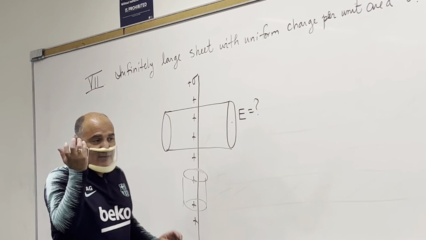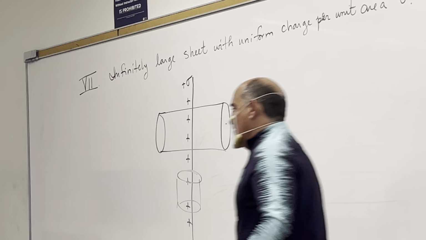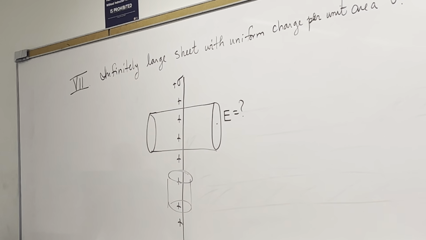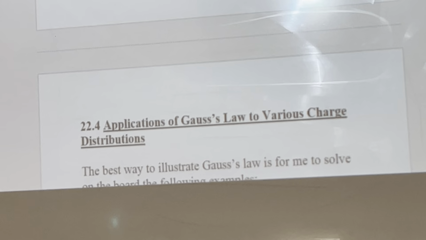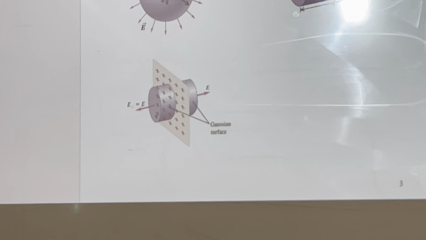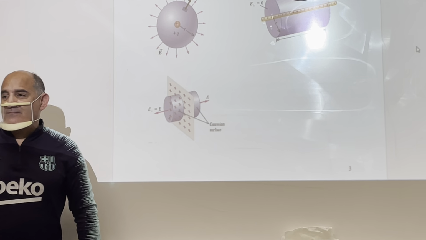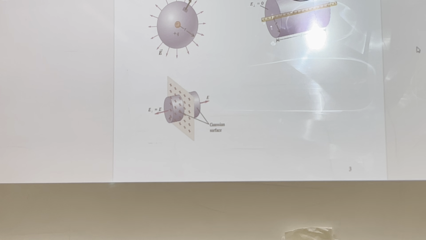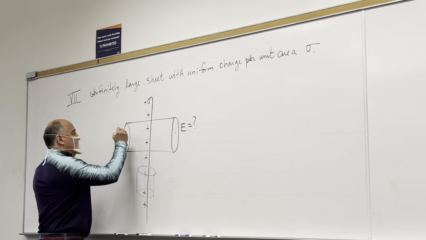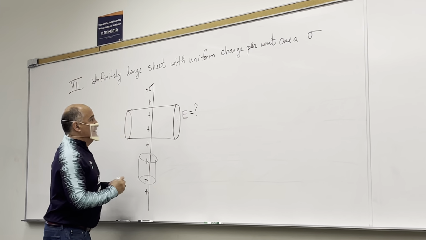Now it's stuck in a different way. So in the lecture notes, which is a picture from the textbook, I'm imagining a cylinder like this that's stuck. Okay? So this is my Gaussian surface.